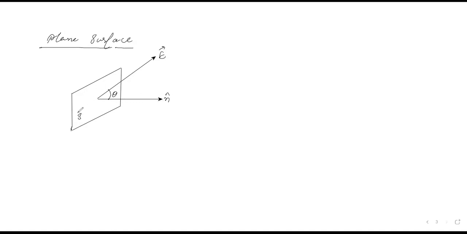This is your area vector S. Then can you tell me what will be the value of the flux? Electric field E is inclined at theta angle with respect to the area vector.